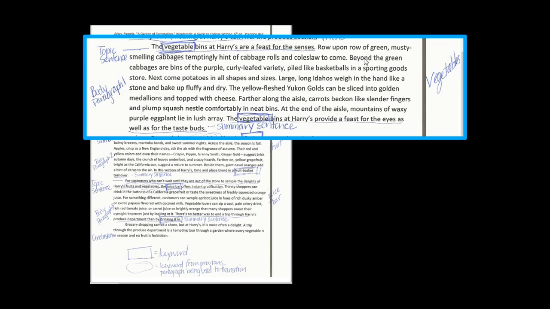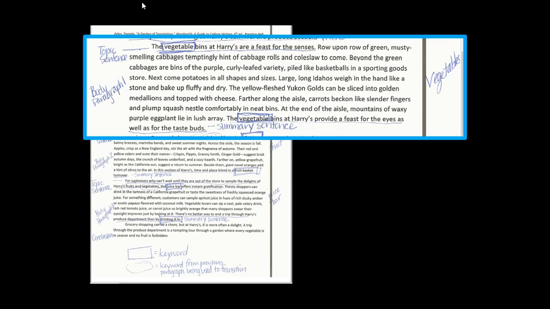So I underlined the first sentence up here, the topic sentence: "The vegetable bins at Harry's are a feast for the senses." And when I read through that, it matches the whole thing. It's going to be about the sensory details of the vegetable bins. And you'll notice that I put a square around the key word because that helps me identify that the writer did in fact use the right key word.